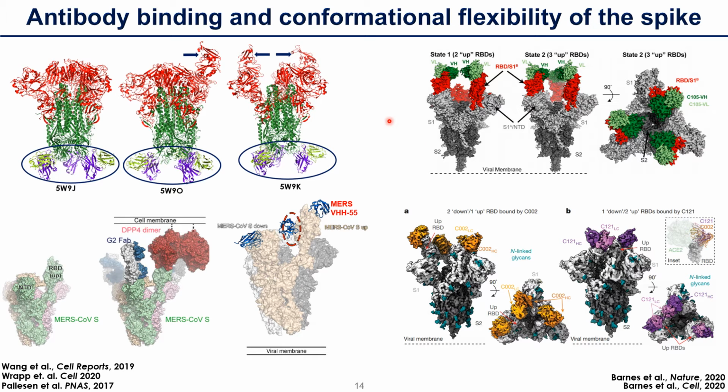So all this data suggests that the conformational flexibility of the spike is not just random. It is not happening stochastically, but it is being governed by the different kinds of cellular involvement that the virion is in, and the different kinds of factors that can interact with the spike protein.